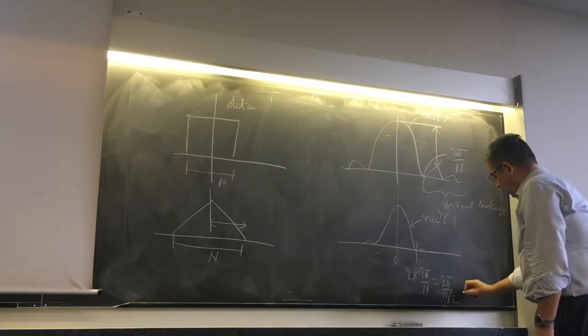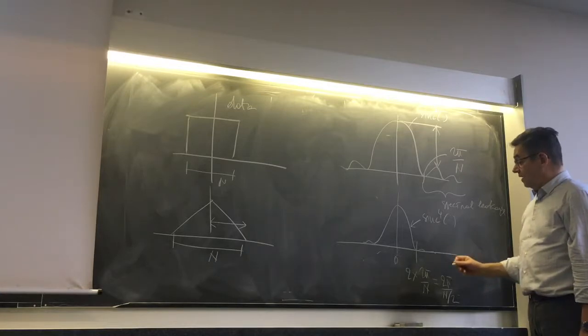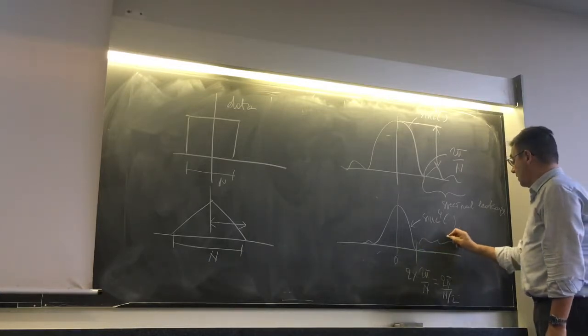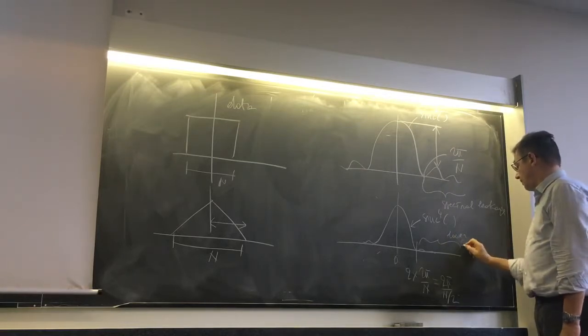This is due to the half of the window. So the side lobes are decreasing quicker, which means a lower spectral leakage.